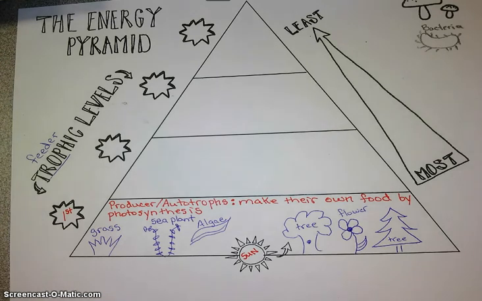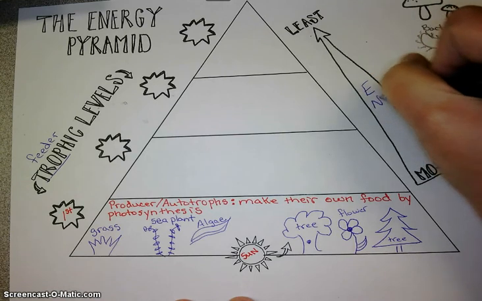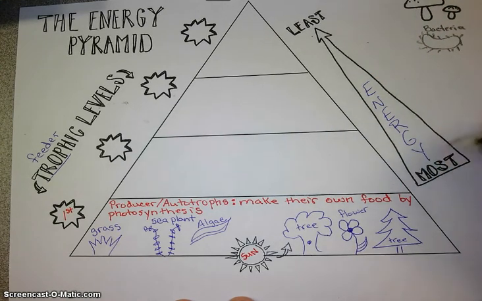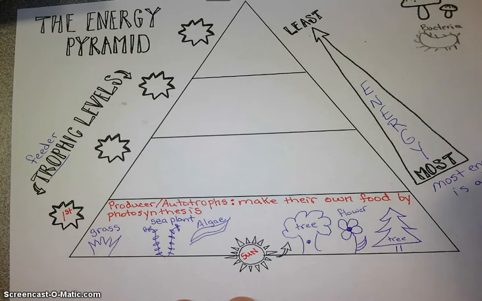And the bulk, or the most amount of organisms, is going to be at this first trophic level. And most of the energy in a food pyramid, or an energy pyramid, is at the base. So the greatest energy is at the base of our pyramid.